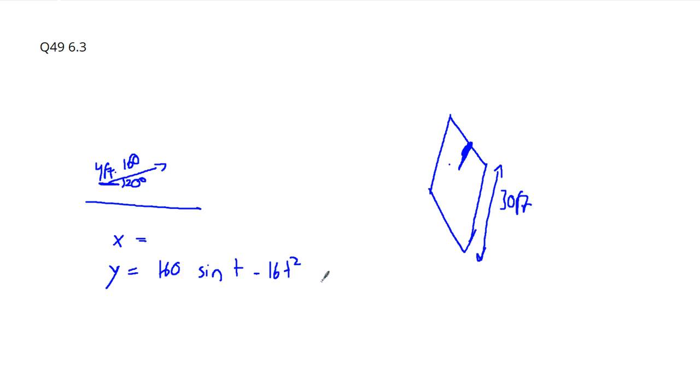So our y will be 160 sine 20 t minus 16 t squared.